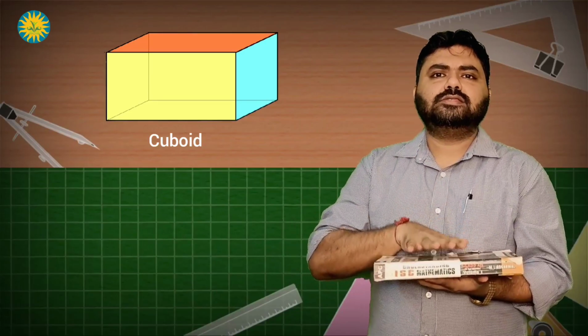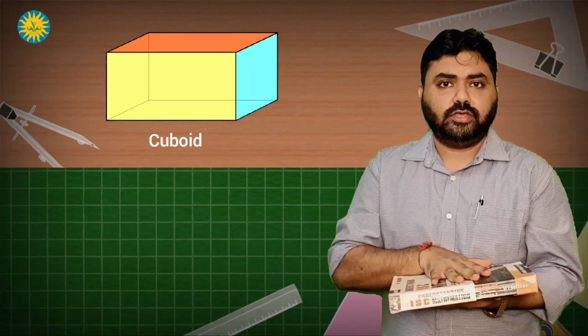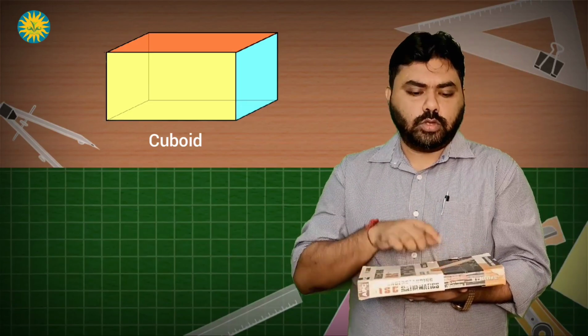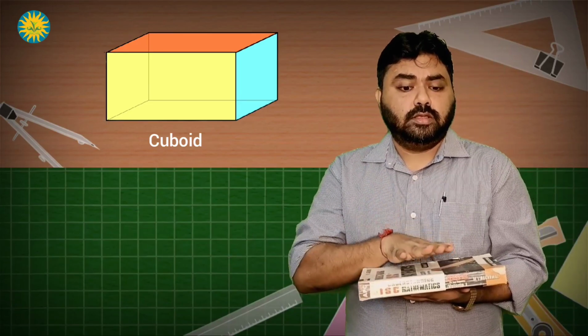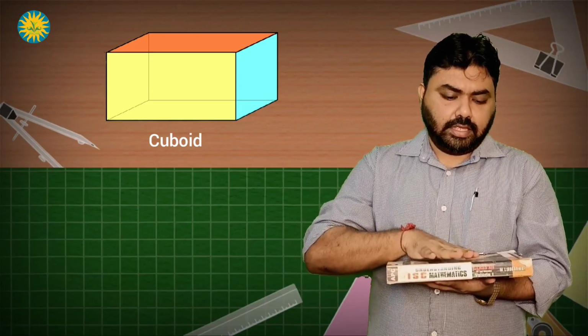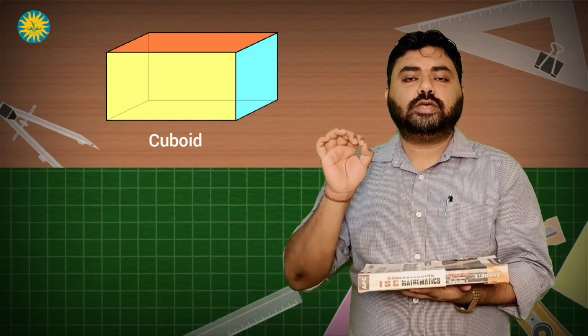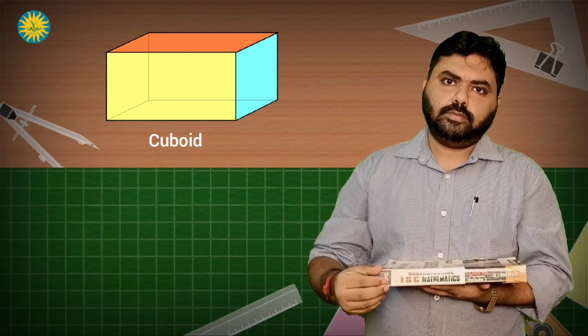So to find the surface area of this rectangular shaped three-dimensional figure or cuboid, first we have to know how to find the area of each face of this cuboid. Each face of this cuboid looks like an individual rectangle.